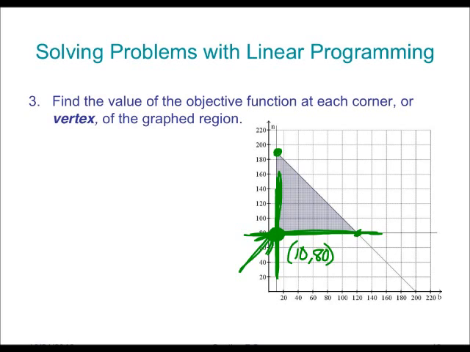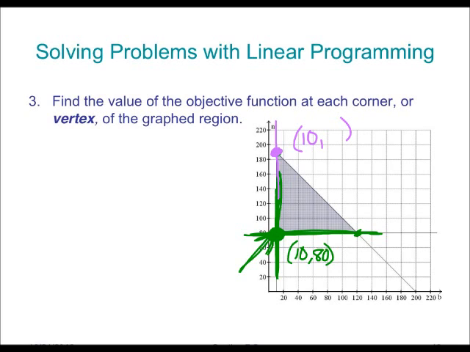The rest of the points are easy, but not quite as easy. So this point right here in the purple, again, it was on the line where b was equal to 10. So I already know the b value. To find the n, you're not going to guess. You're going to actually have to plug it in.